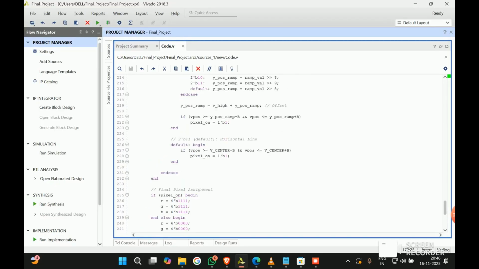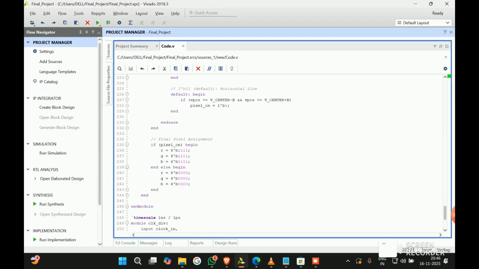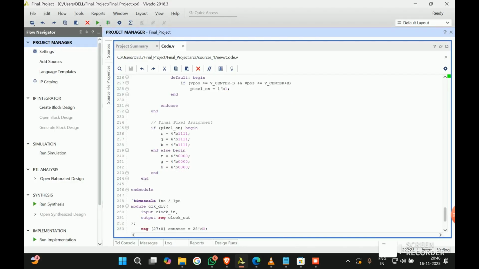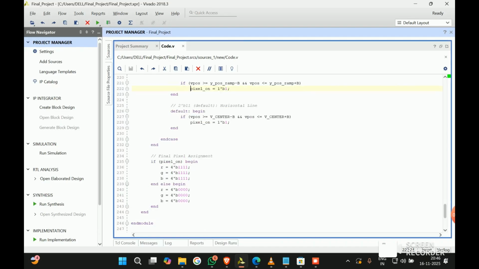Whenever the pixel on is on, which is this particular signal, there will always be one, a combination of which gives us a white colored signal. Otherwise, it is zero.